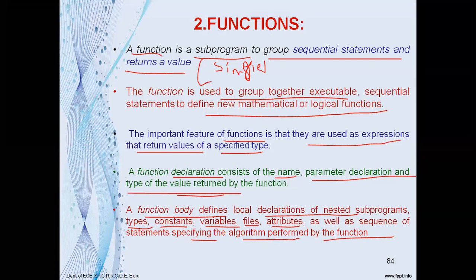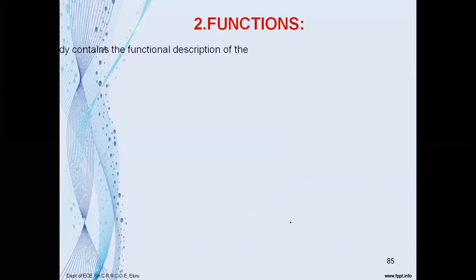So like the procedure, the function will also have function declaration and function body. Procedure has procedure declaration and procedure body. Is it clear? So procedures and functions both will have two parts. We will see the syntax of the function.